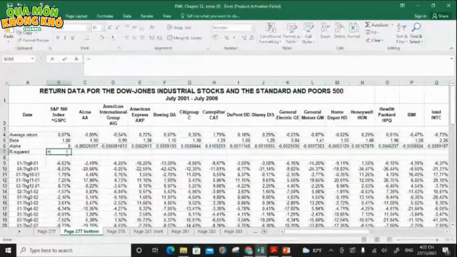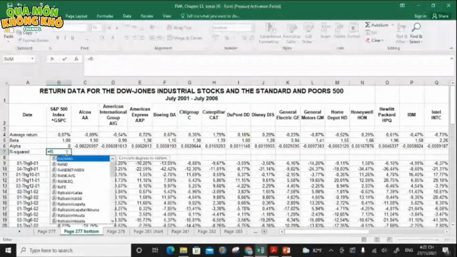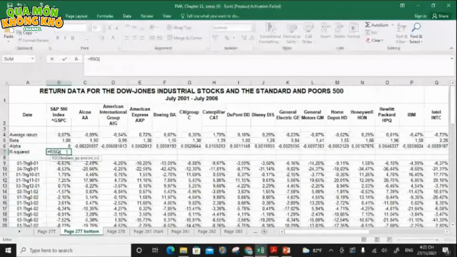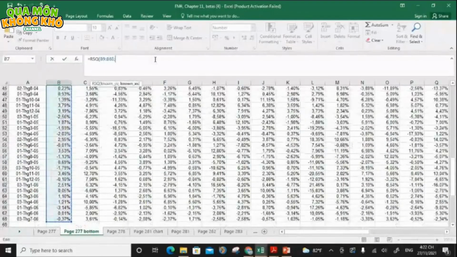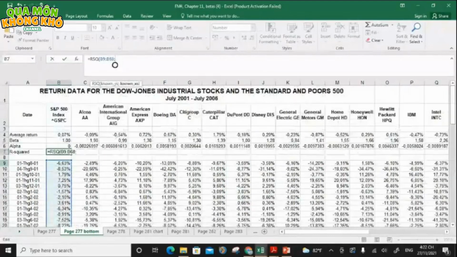And here we calculate the R square by the function RSQ, similar to calculating the slope and intercept.